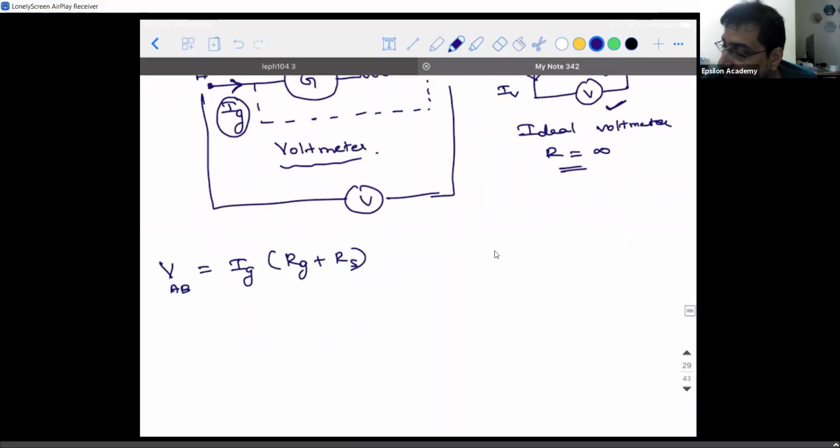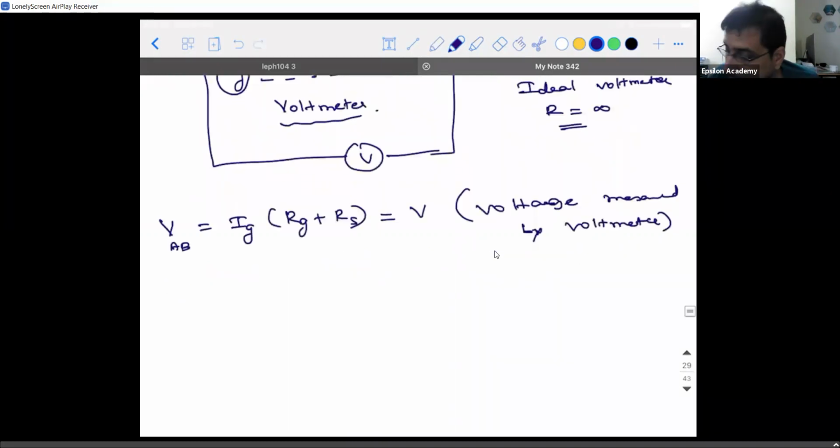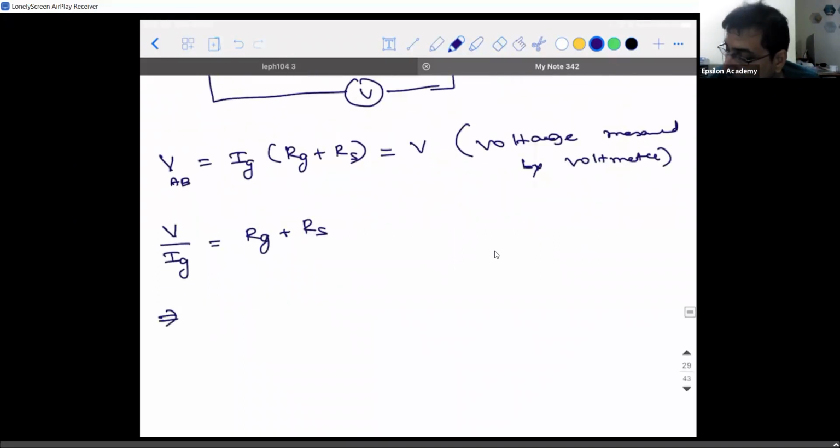So if this VAB is what I call V, the voltage to be measured by the voltmeter, then V divided by Ig will be equal to Rg plus Rs. Then what will be the value of Rs, guys? V divided by Ig minus Rg.